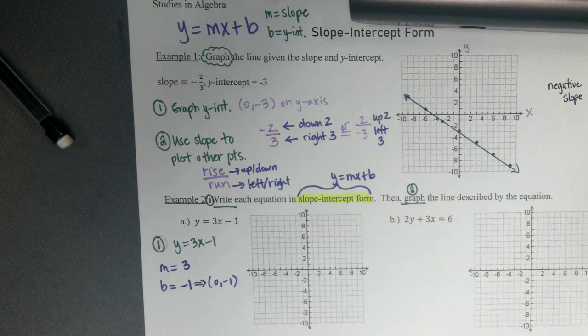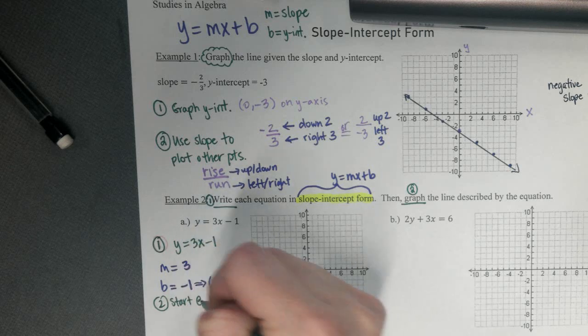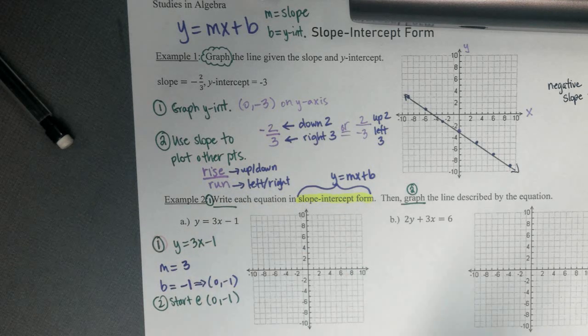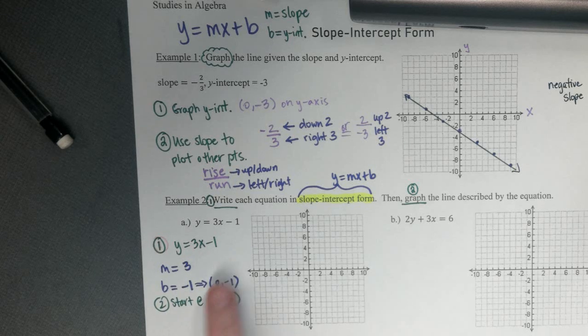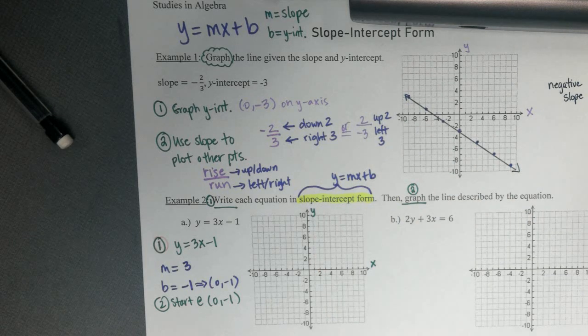So now, when we're graphing, for step 2, you're going to start at 0, -1. So this is your m, this is your b. If b is -1, on the y-axis is where you're going to make your point. So I want you to take a second now, and plot your point on your graph here.